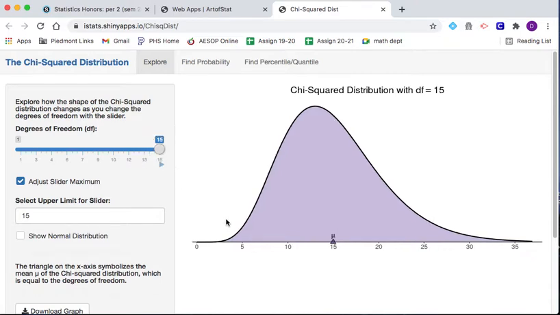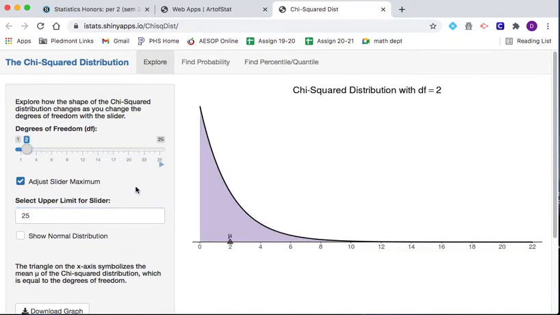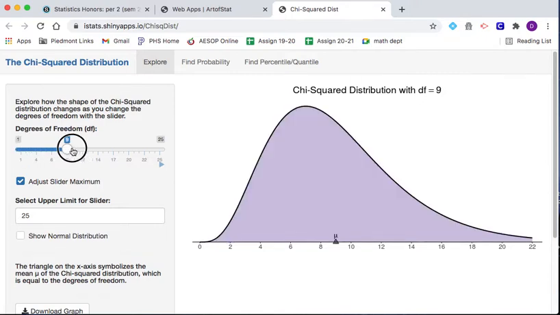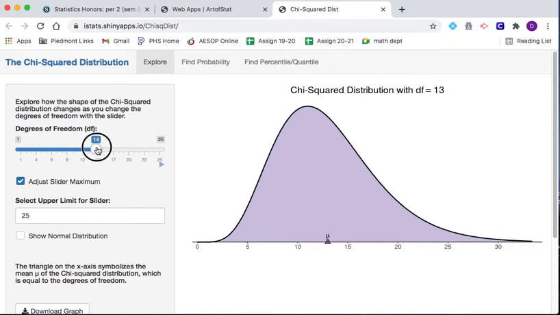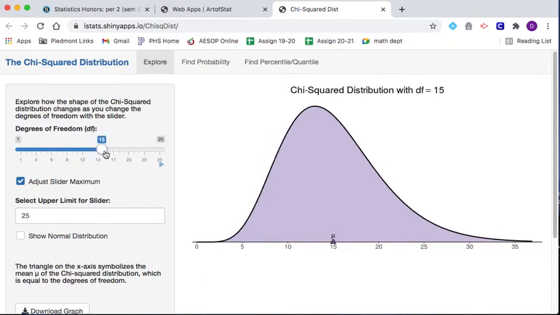And so what would happen if we kept going? Well, one way to do this is to adjust the slider maximum up to, say, 25. So we're now going to slide it up to 25 degrees of freedom. Here we were at 15, that's where we were a moment ago.